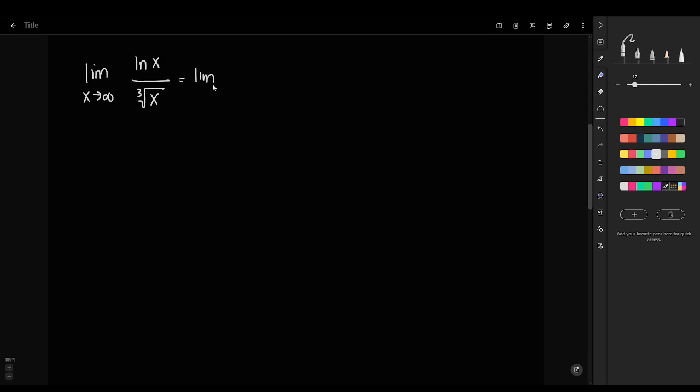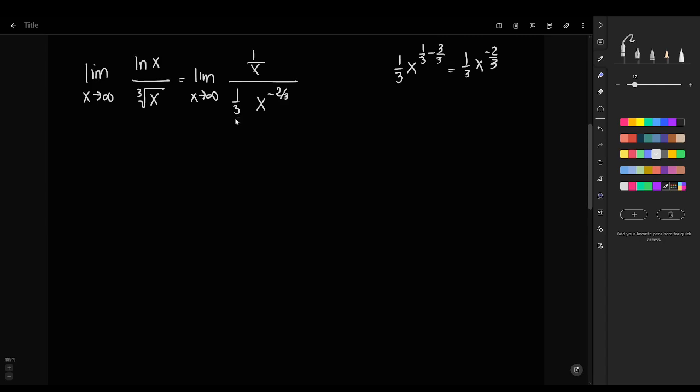So limit as x approaches infinity, this is 1 over x, and this gives you 1/3 of x to the power of negative 2/3, right? That is 1/3 of x to the 1/3 minus 3 over 3, which is 1. So that is 1/3 x to the negative 2/3, right?